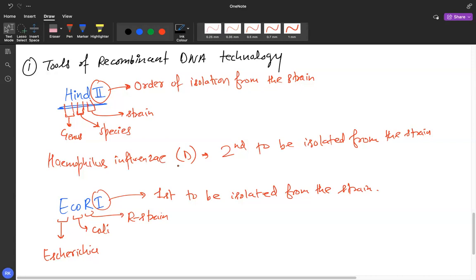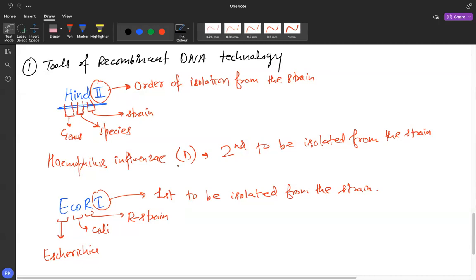So it's Haemophilus influenzae strain d, and the Roman numeral tells the order of isolation of this endonuclease from that strain. So HindII means it was the second restriction enzyme to be isolated from the strain.